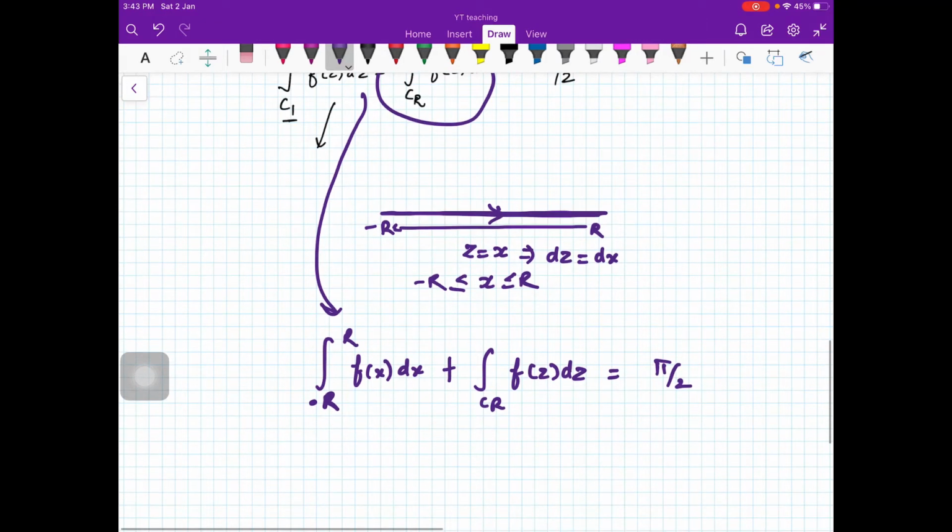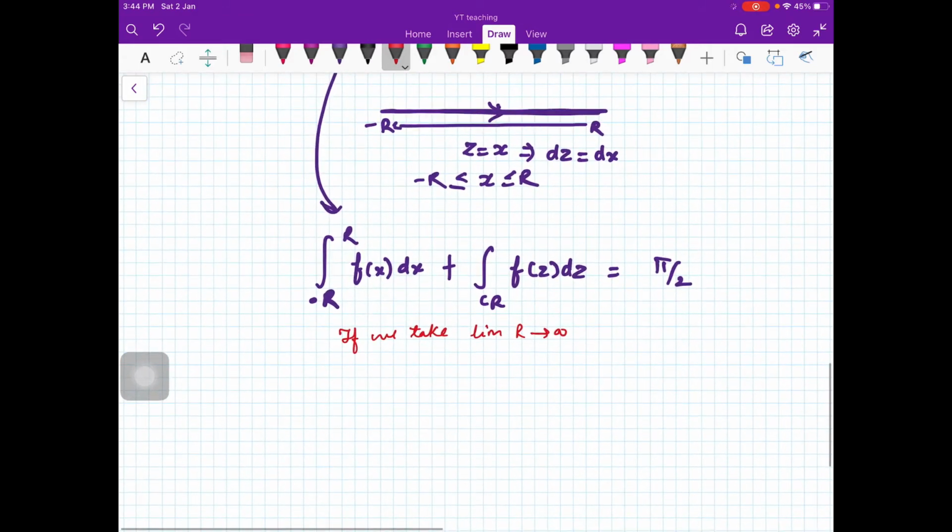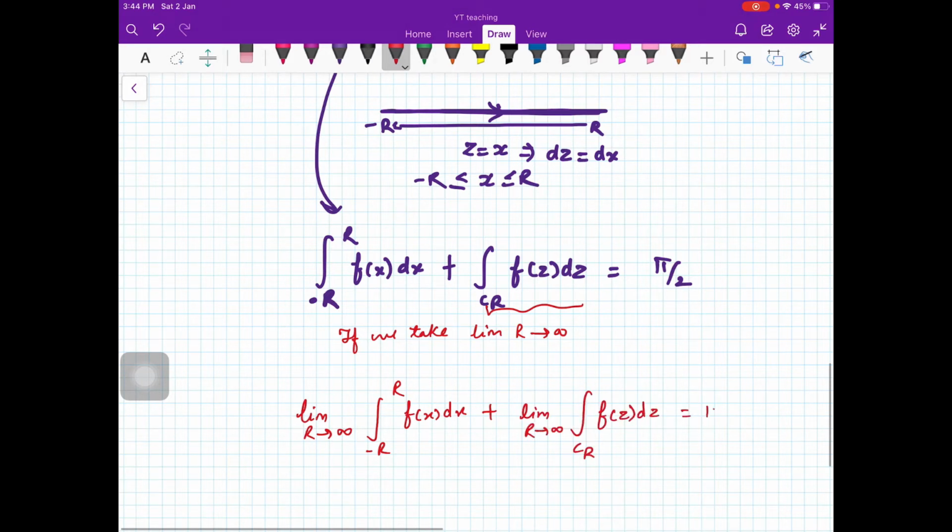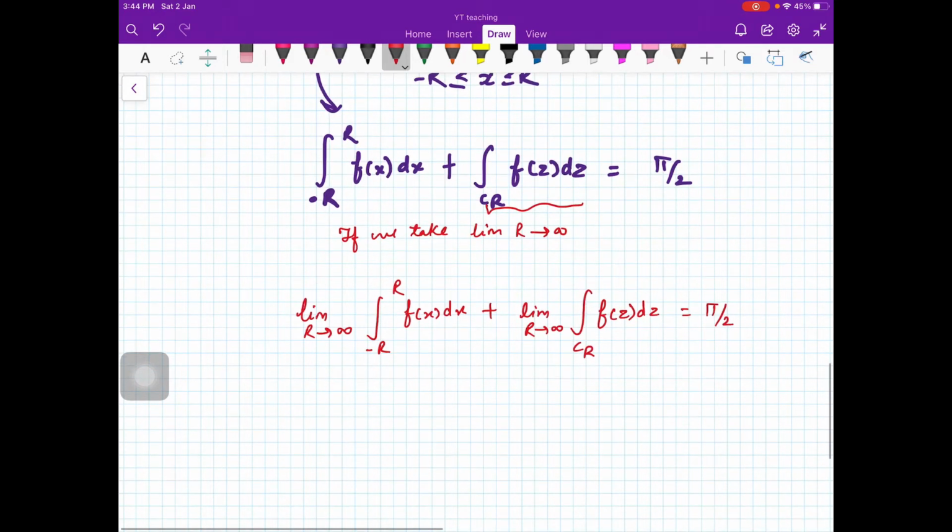Now you see, what is this? If we take the limit R going to infinity, what will happen? It will be the limit R going to infinity of the integral from minus R to R of f(x) dx, plus the limit R going to infinity of the integral along CR of f(z) dz, is equal to pi by 2. Now what is this?